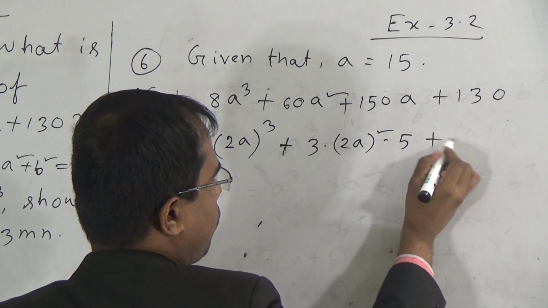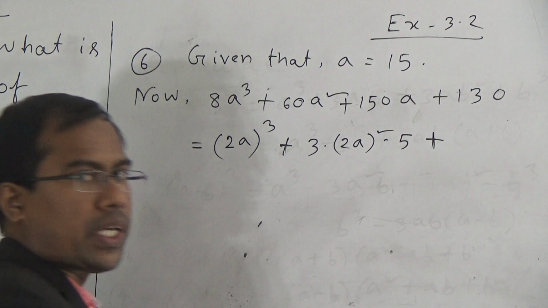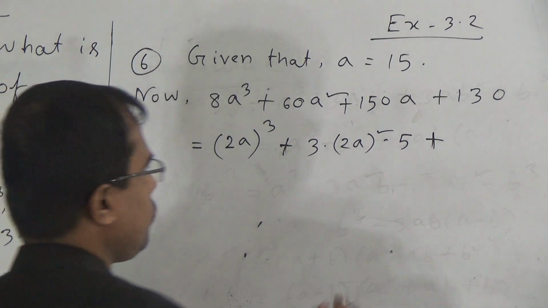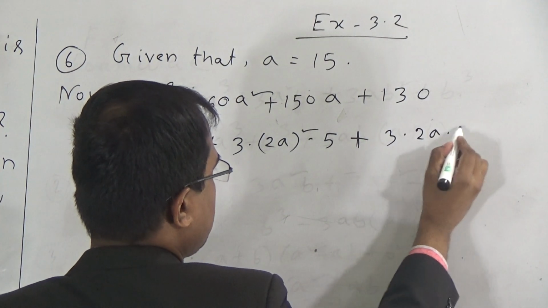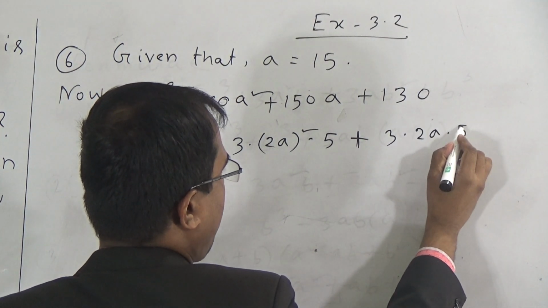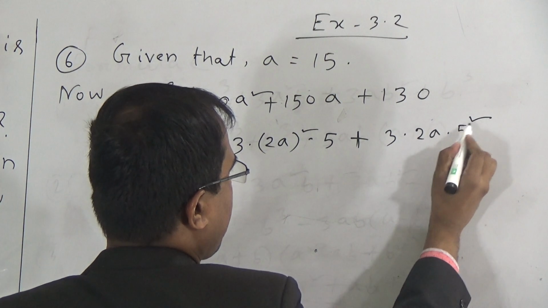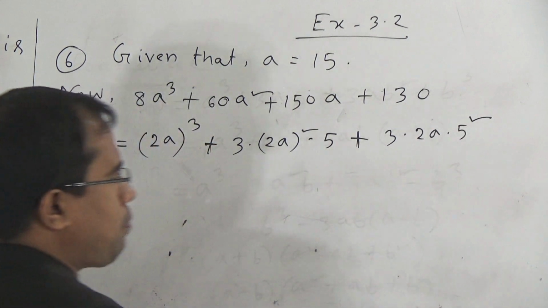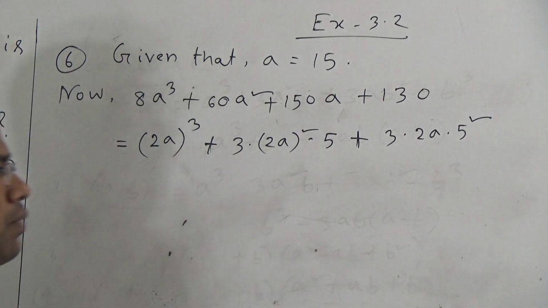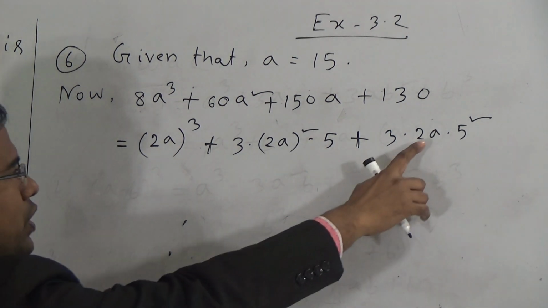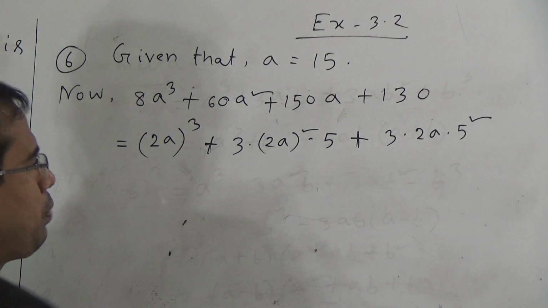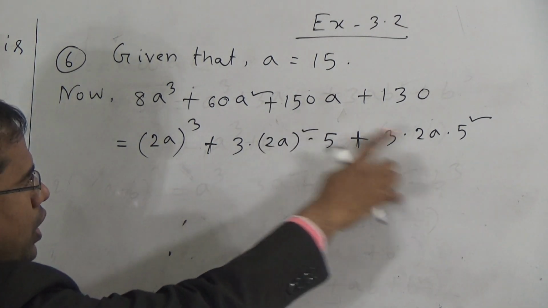Again, instead of 150a we can write 3 into 2a into 5 square. Here 5 square means 5 multiplication 5, and 5 multiplication 5 is equal to 25, and 25 2s are 50, 50 3s are 150.